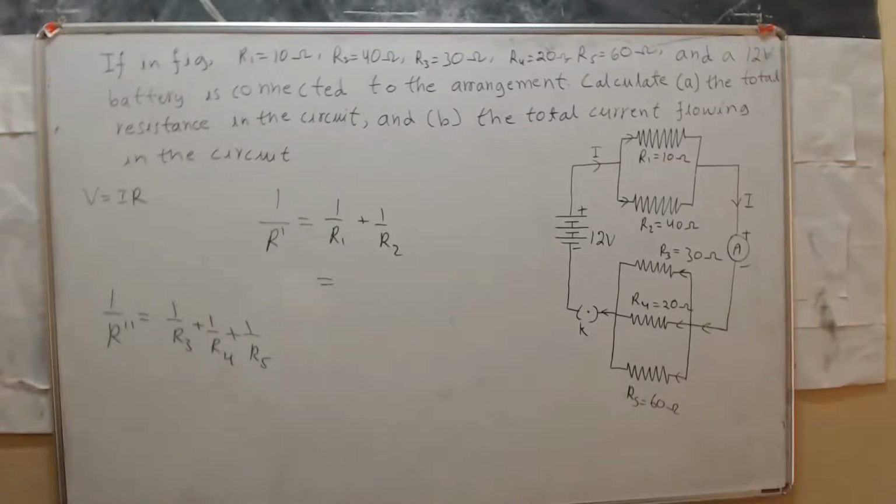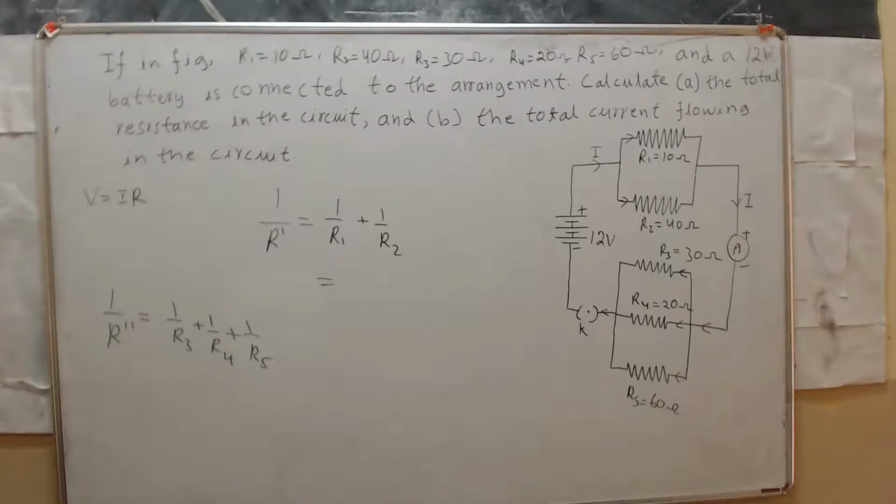Next, Sridhar Jain says total resistance is 10 ohm and the total current is 0.67. It's wrong, total resistance is not 10 ohm. Nandini says R dash is 8 ohm, correct? 8 ohm. Yes, correct.